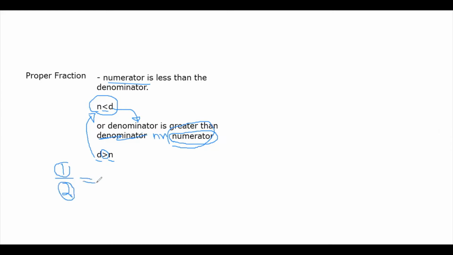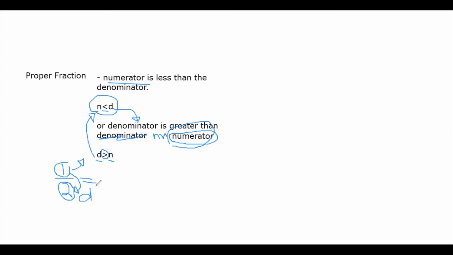The number above is the so-called numerator, the number at the top, and the number at the bottom, the number 2, is the denominator. Do not forget that.